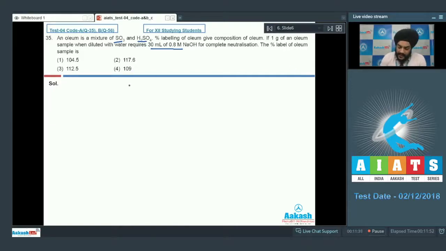So let us assume that the mass of H2SO4 which was produced by 1 gram of oleum sample is equal to X. So 1 gram of oleum produces X gram of H2SO4. Now if we look at the concept of neutralization, we have the milliequivalents of base which is equal to 30 into 0.8. And for the milliequivalents of the acid, we have H2SO4, its mass is X, its molar mass is 98.